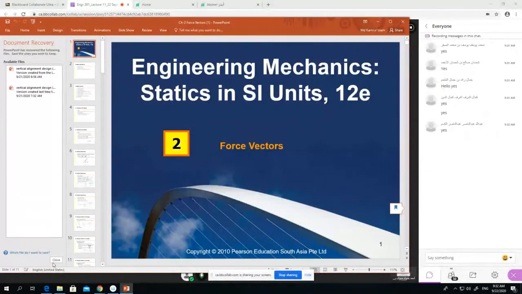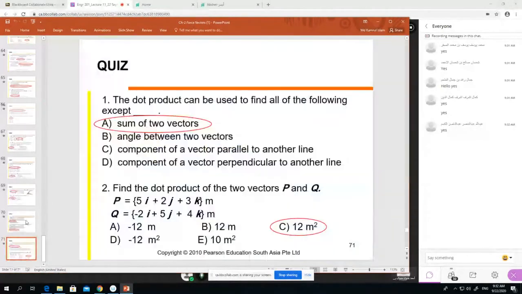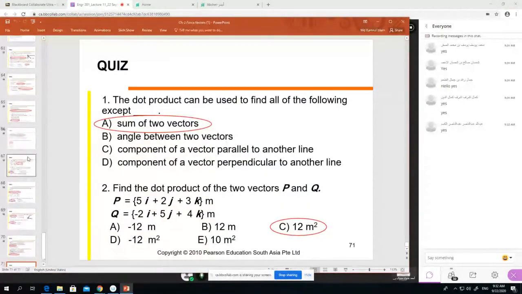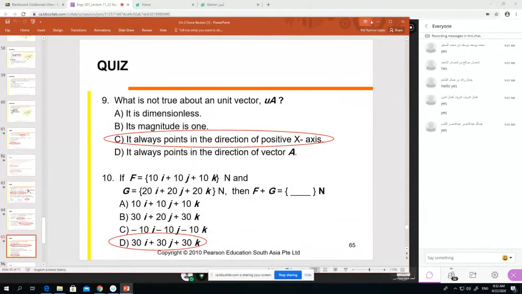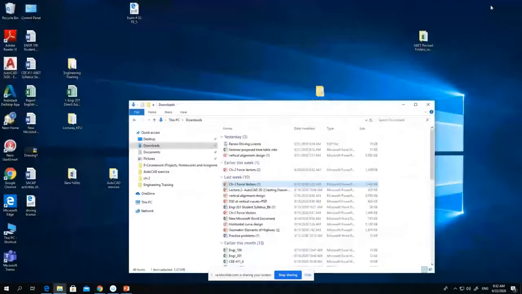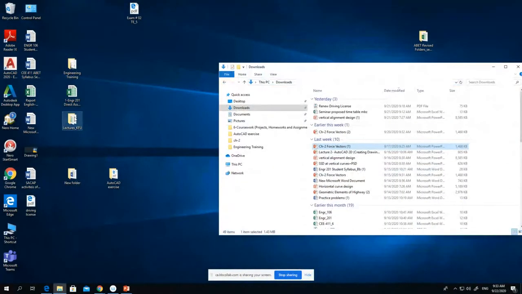Okay, if you see the screen, now we are doing an example exercise. Where is it? Remember? Do you have that lecture with you? We are doing one exercise.